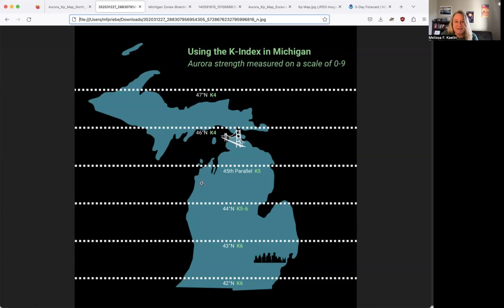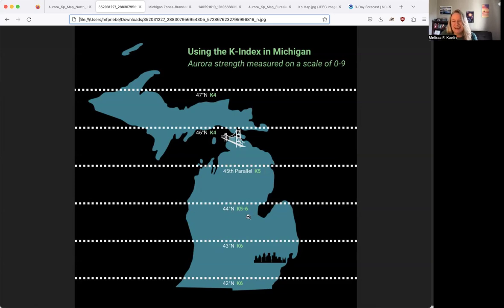Then we need K5. As we go farther south, we need higher numbers in order to see the aurora in the region. So the 45th parallel is really common for K5, which sends the aurora overhead. Generally speaking, it's regional and it varies. And then K5 or 6 around the tip of the thumb, as we call it in Michigan, or the middle of the mitten.